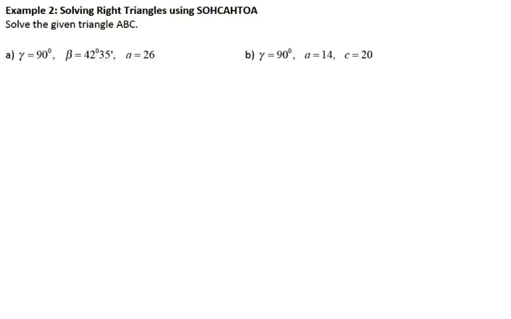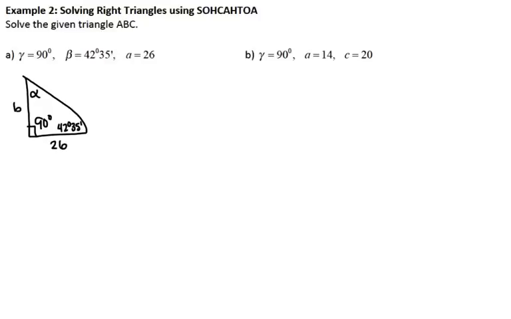So let's look at letter A. Gamma is 90 degrees. Beta is 42 degrees, 35 minutes. We don't know what alpha is, but we do know side A is 26.